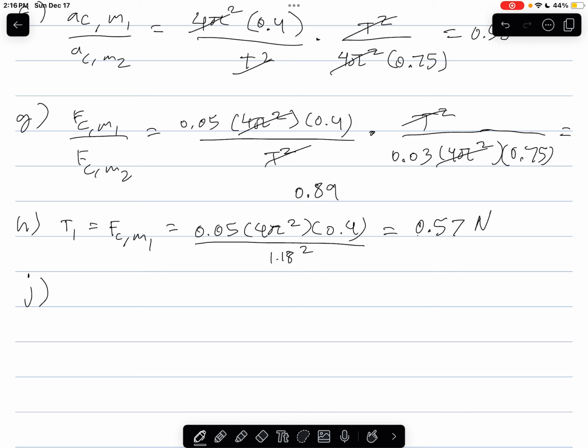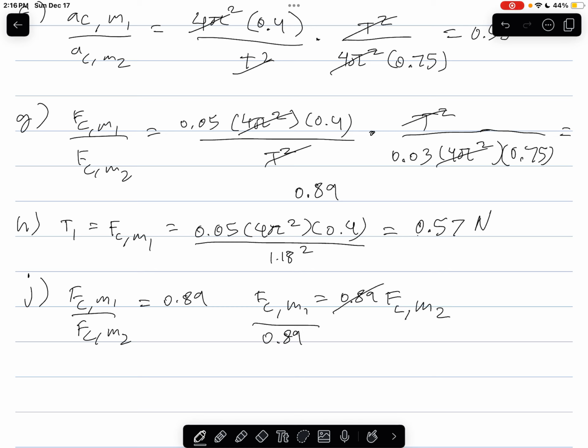And then for part I, I can use the ratio I got before, FC M1 over FC M2 equals 0.89, to solve for the centripetal force of mass 2.